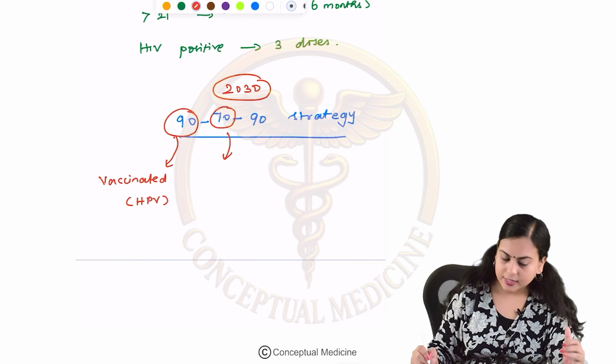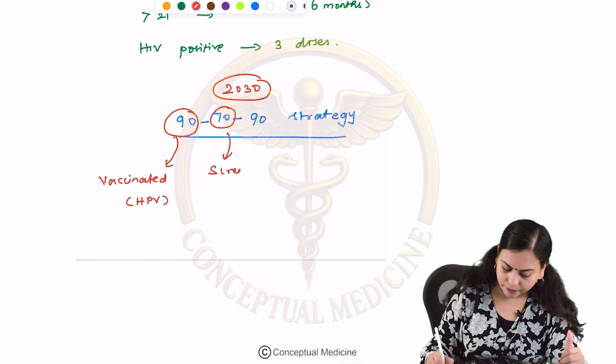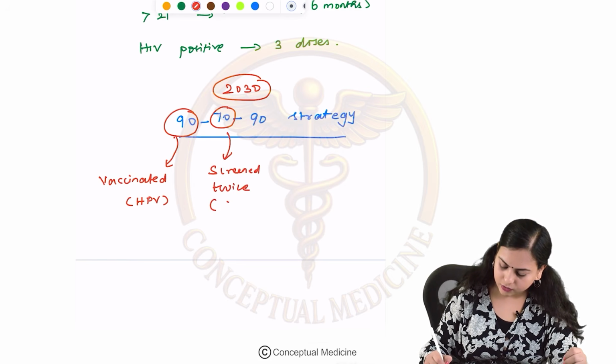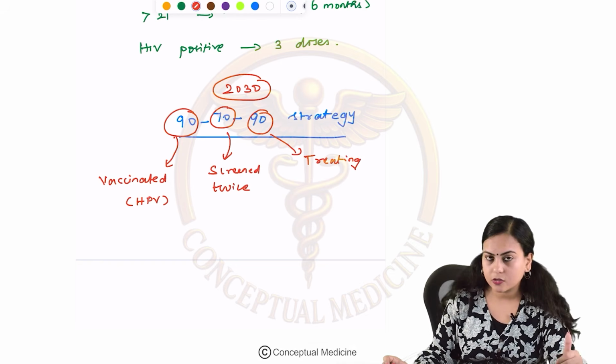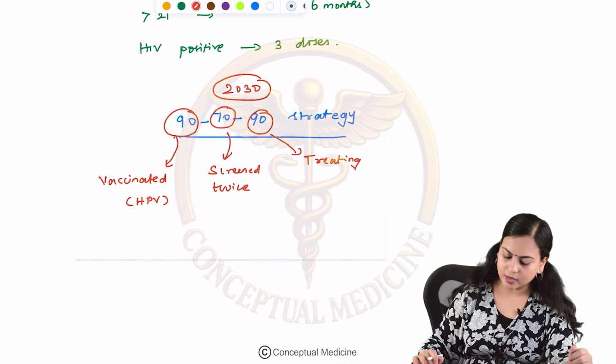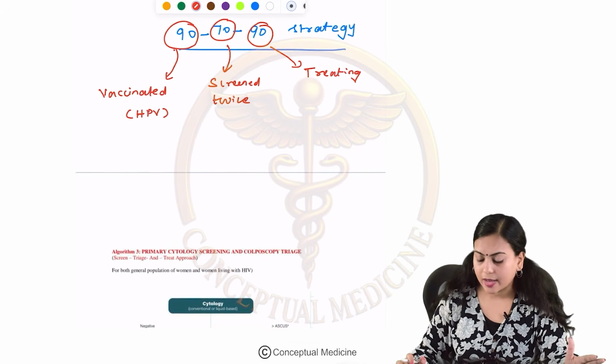70 means 70% of the eligible women will be screened at least twice in their lifetimes. So, this is for screening. And the next one is treating: treating 90% of those who have a positive screening test, and that will include the palliative care also.